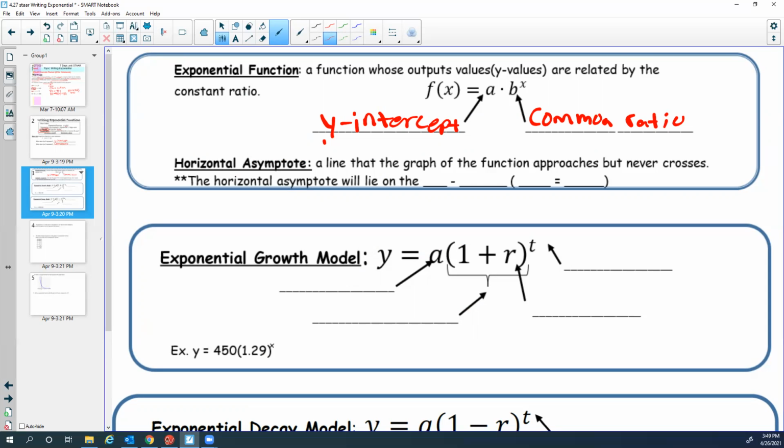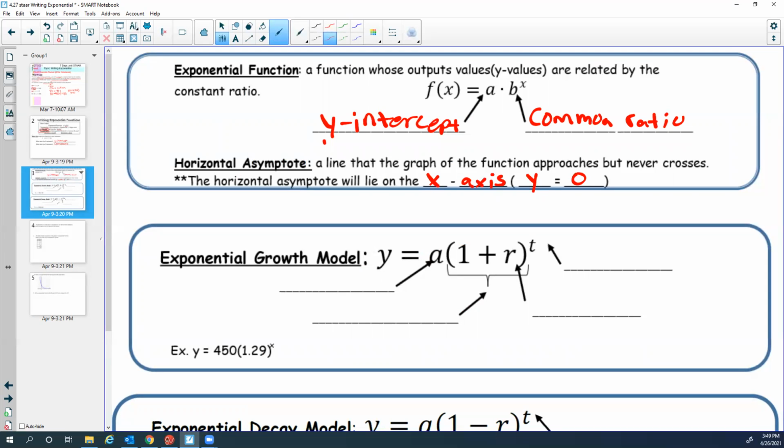This horizontal asymptote will lie on the x-axis. In other words, remember, you label this as y equals 0. Whenever you're asked for the horizontal asymptote, it's always y equals 0.